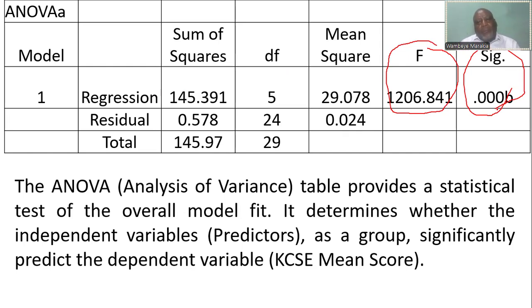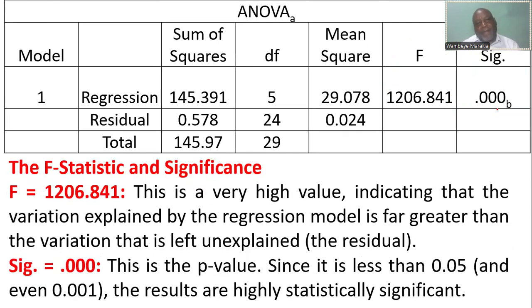This ANOVA table provides a statistical test of the overall model fit, and it determines whether the independent variables, these are the predictors, as a group significantly predict the dependent variable, which is the KCSE mean score or the school performance. So in this table, let us look at the F statistic and the significance.